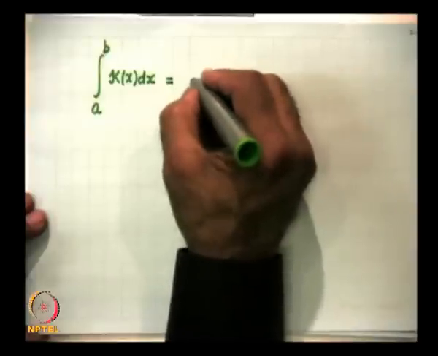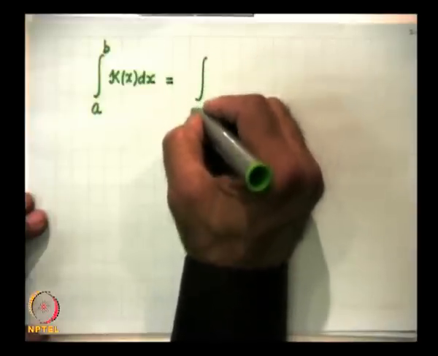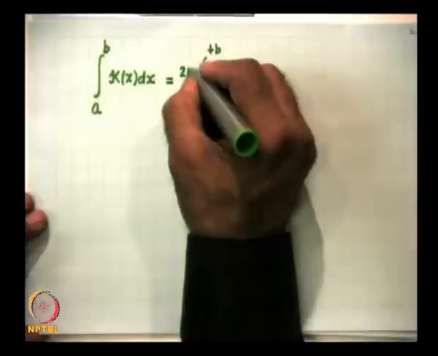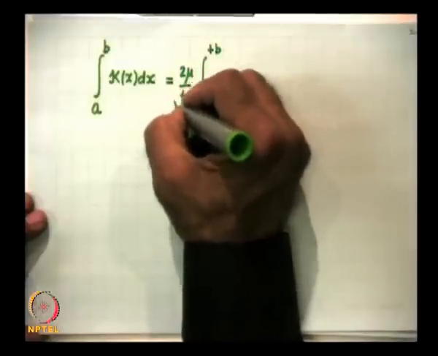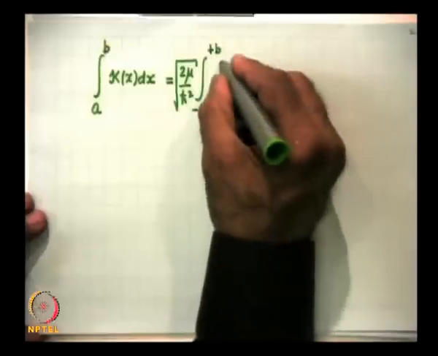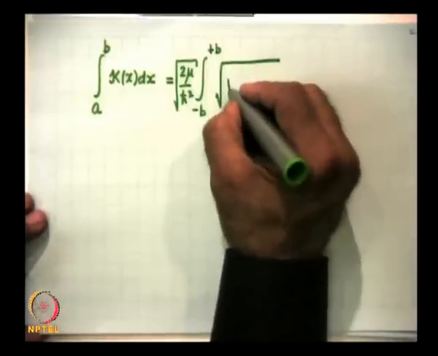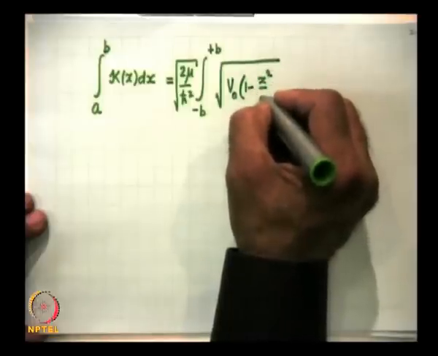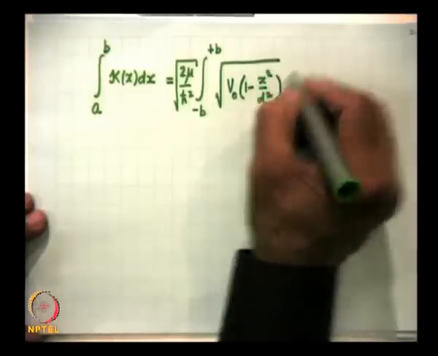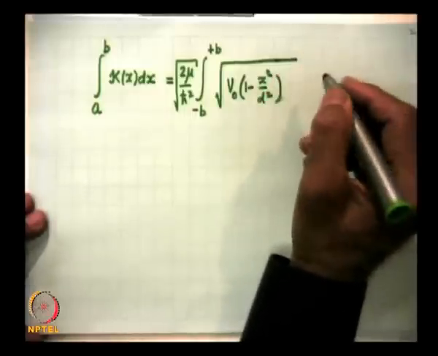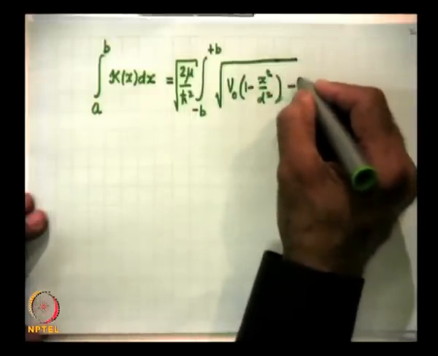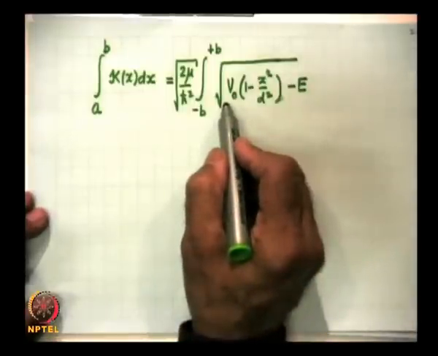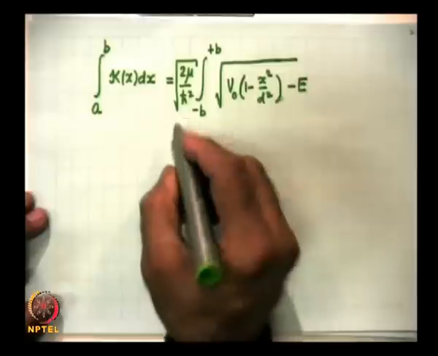So, from a is equal to minus b to plus b, under root of 2 mu by h cross square times V of x, that is V 0 times 1 minus x square by d square, minus E. So, I take V 0 outside.